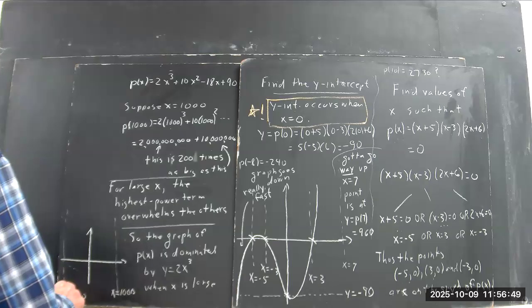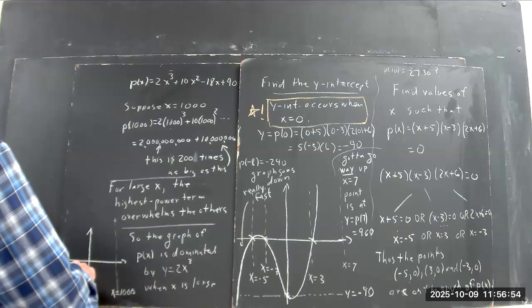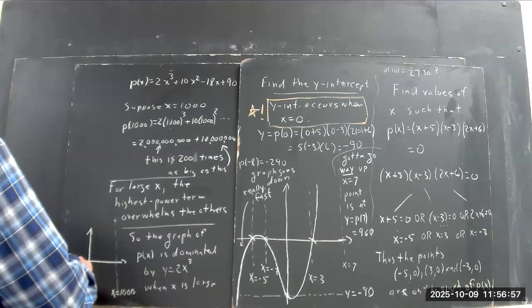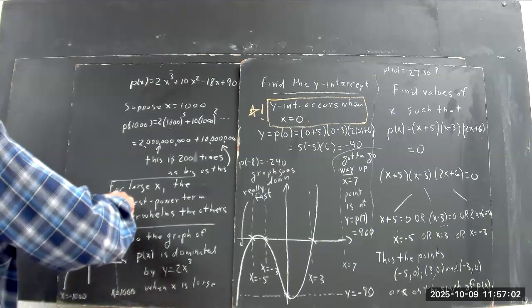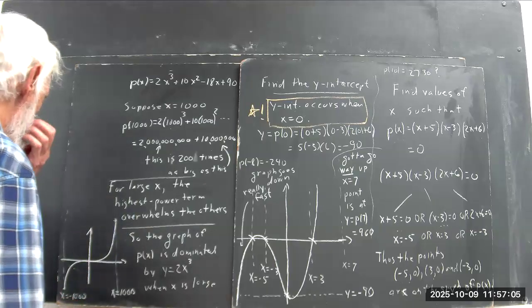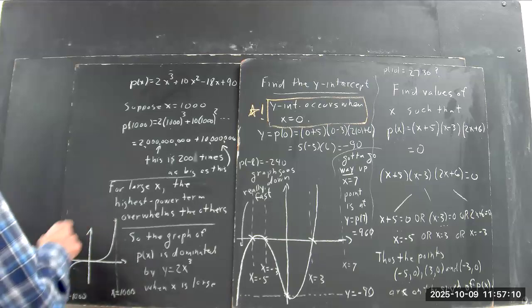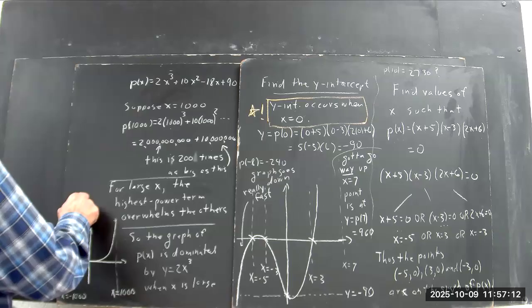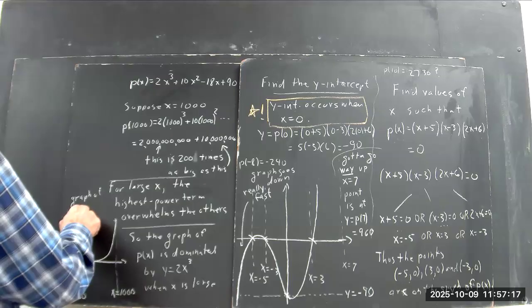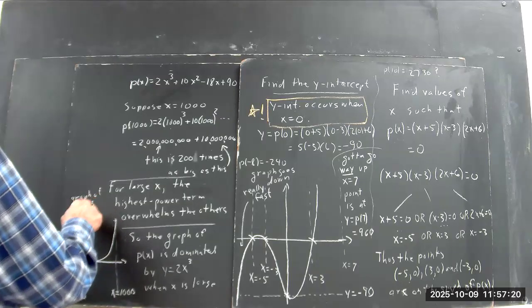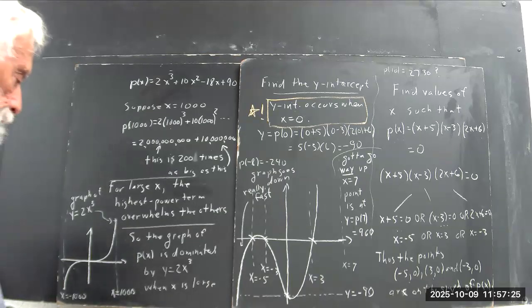On this scale, if the graph goes through this point and this point, the graph is going to look like, okay, here's a graph of y equals 2x cubed.